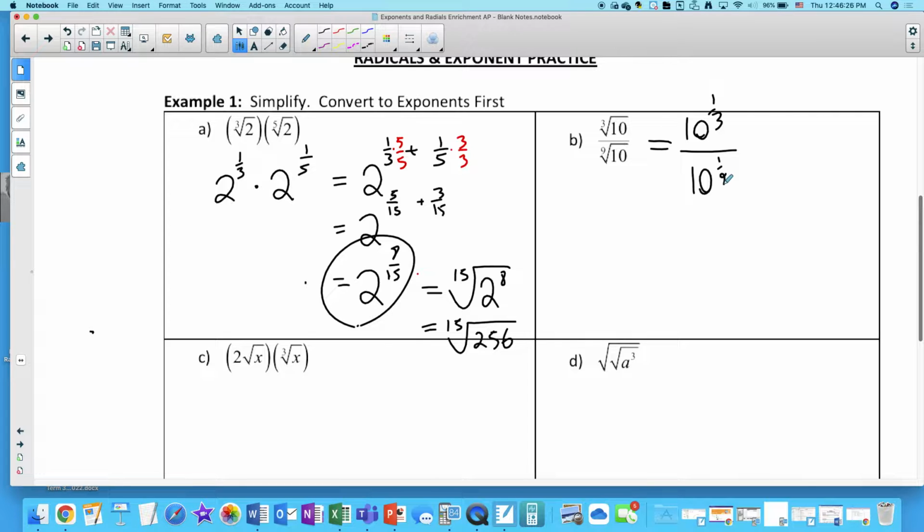Subtract, right? So this is going to be 10 to the 1/3 minus 1/9, right? And 1/3, the common denominator there is 9. So essentially you have 3/9 minus 1/9, 10 to the 2/9, right? And again, if you can do that fraction operation stuff in your head, that's fine.